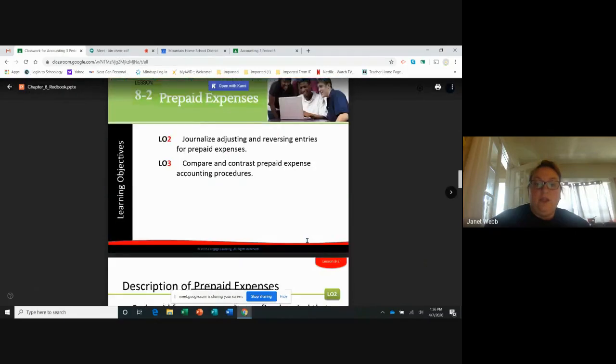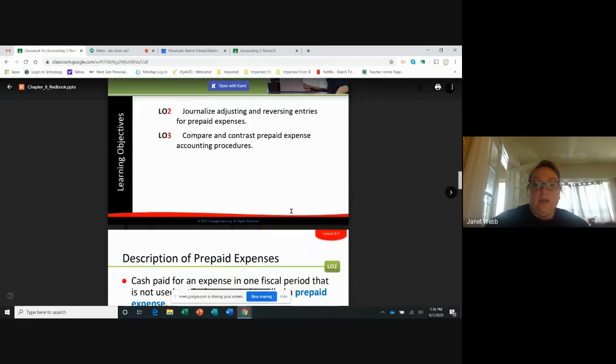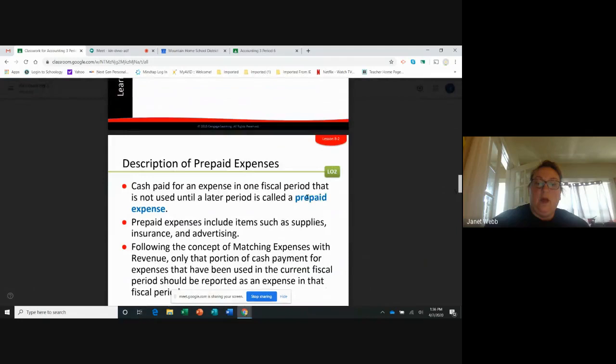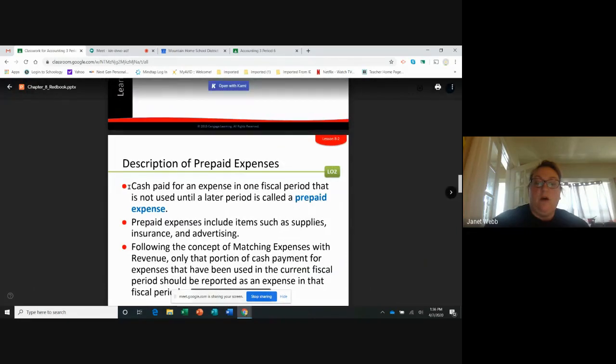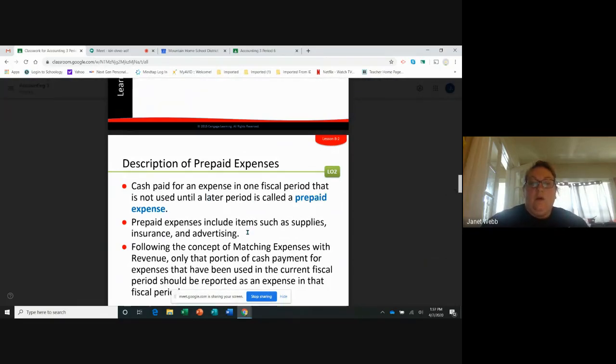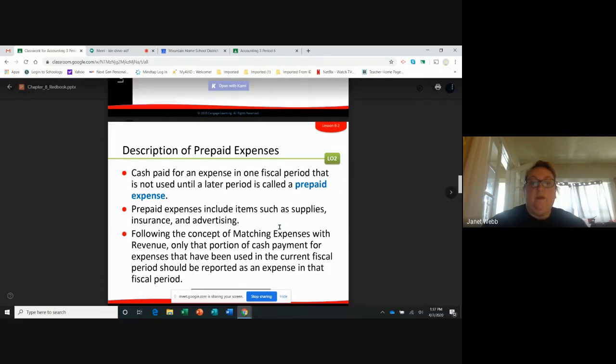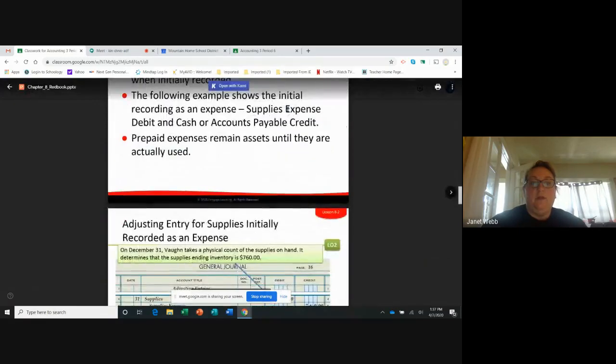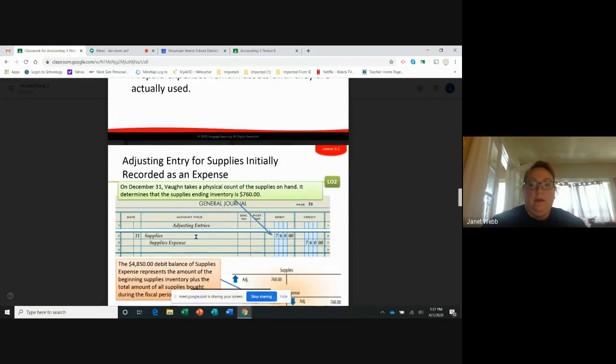Adjusting and reversing entries. We have what they call cash paid for an expense in one fiscal period that is not used until a later period, those are prepaid expenses. So you have some of those examples. It says the following example shows the initial recording as an expense, supplies expense, debit, and cash or accounts payable credit.